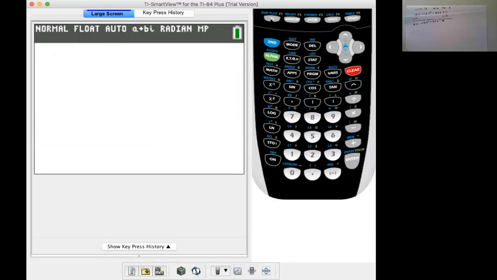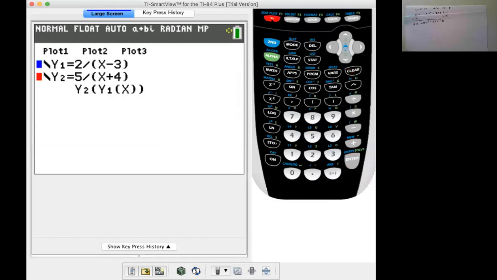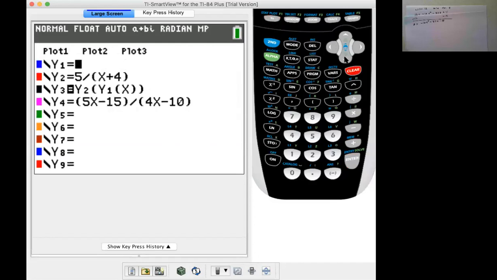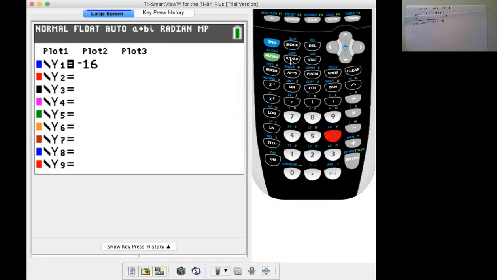Clear this page. Y equals, and let's get rid of all of this stuff. We're going to go ahead and plug in that equation. I want to find out when this is equal to 0. So negative 16, the negative sign is here. Negative 16, I can't use t, I've got to use x.